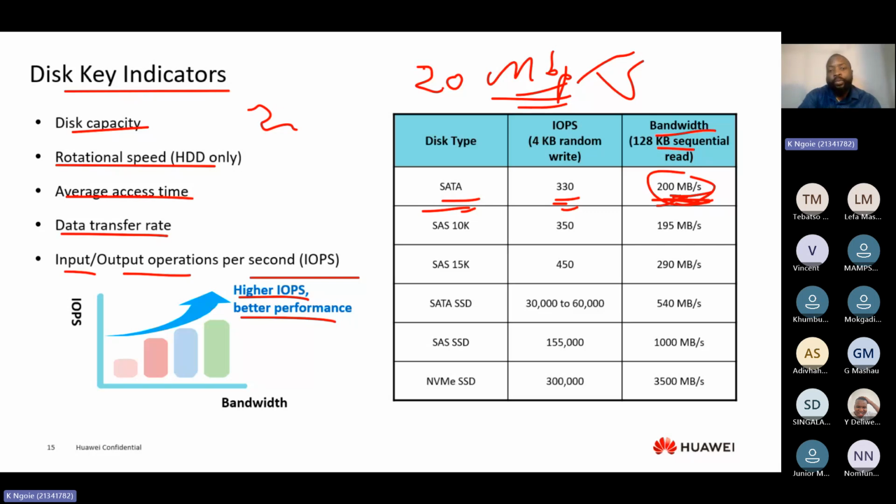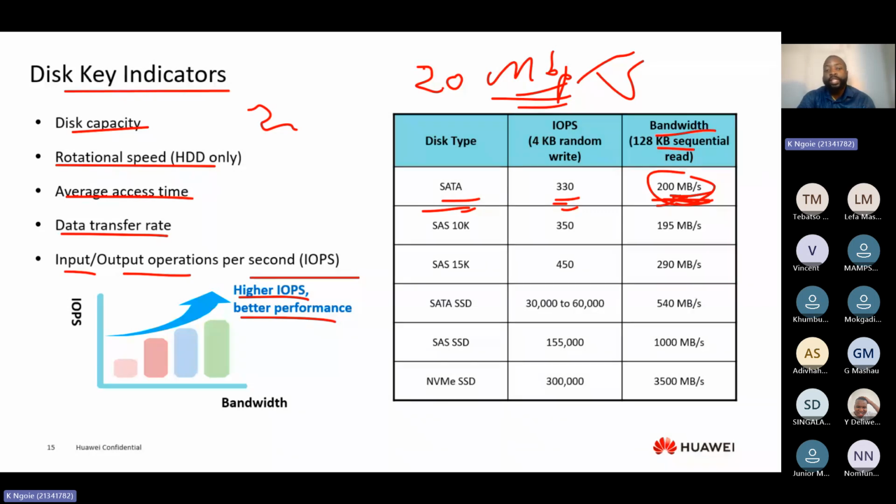If you use an SSD instead of an HDD, it will have a much lower access time. An SSD will access the data in about 0.1 millisecond, but the HDD will start from about 5 or 15 milliseconds.